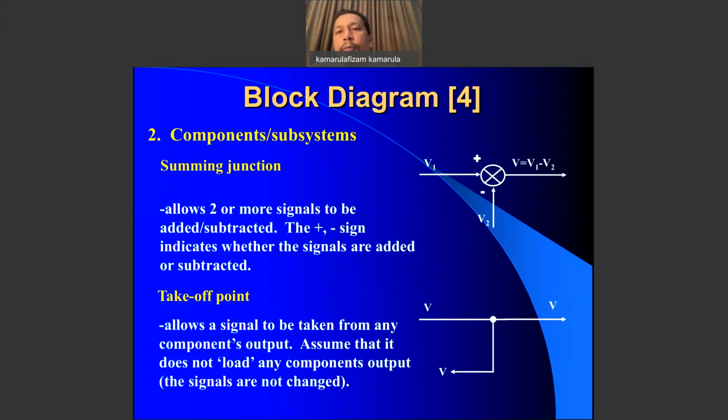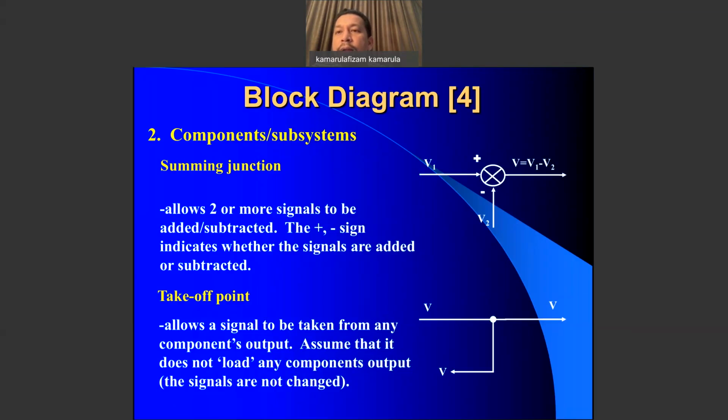Okay, so component number two of a block diagram is the component of subsystem. The first one you have here is a summing junction. A summing junction allows two or more signals to be added or subtracted. The plus and minus signs have to be written, which indicate that the signal is added or subtracted following the equation of that summing junction.